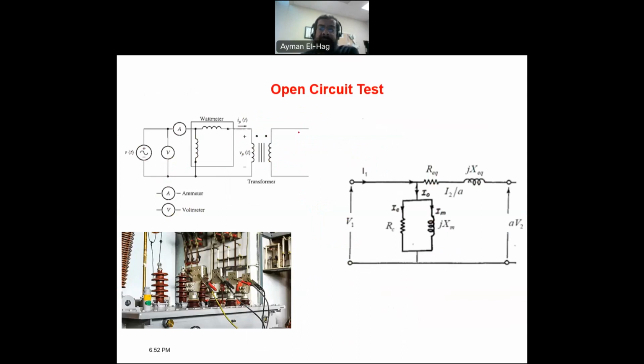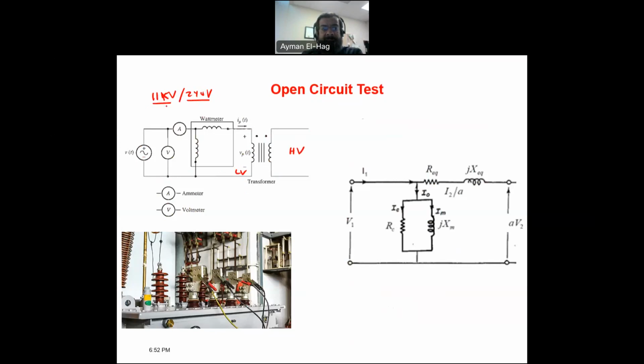Now, in the open circuit test, we have two sides of the transformer: the high voltage side and the low voltage side. We always open circuit the high voltage side, and we apply the rated voltage to the low voltage side. What does this mean? For example, if I have an 11 kilovolt by 240 volt transformer, this is a distribution transformer that changes 11 kilovolt to 240.